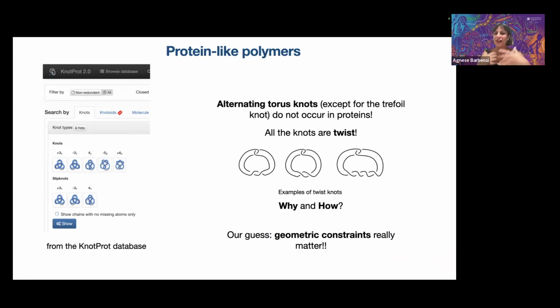And our initial guess, our initial conjecture, our driving idea was that perhaps geometric constraints of different proteins really matter and do play a key role in shaping the landscape of possible knots formed by proteins. And this is what we tried to verify and check. So our guess was that geometric constraints of polymers, of proteins in particular, really matter.